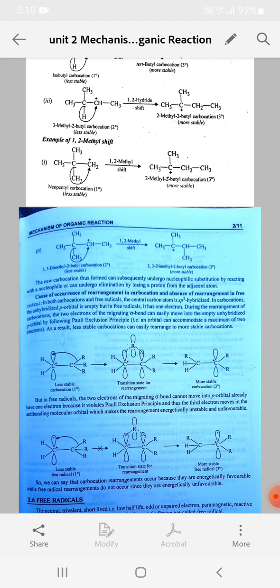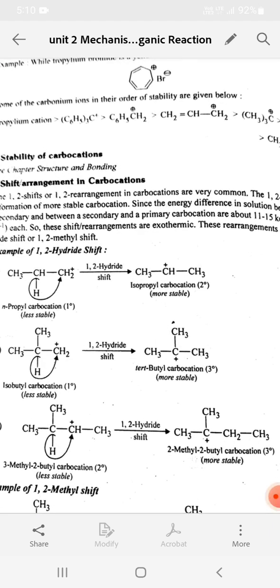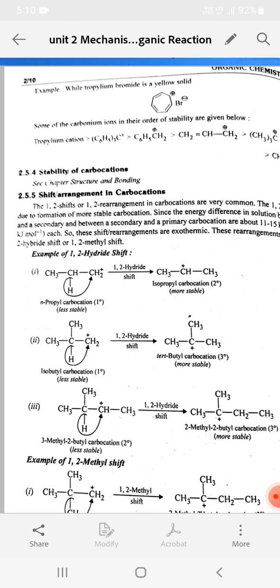We will talk about the rearrangement in carbocations. Let's see what the shifts in carbocations are. The 1,2 shifts or 1,2 rearrangements in carbocations are very common. The 1,2 shift takes place due to the formation of more stable carbocations, since the energy difference between tertiary and secondary, and between secondary and primary carbocations is about 11 to 15 kJ per mole.